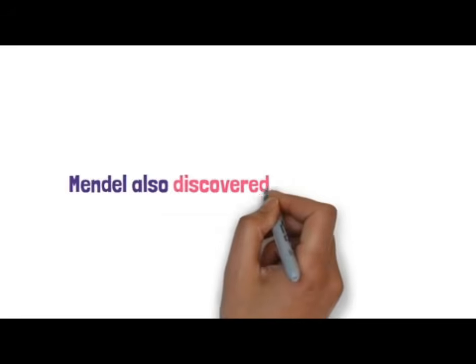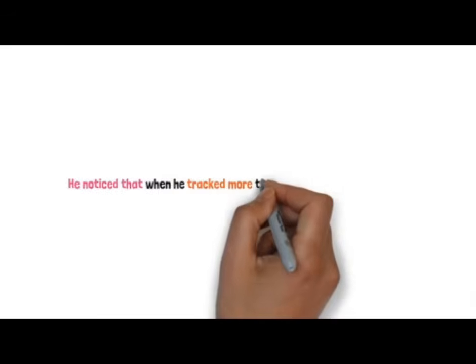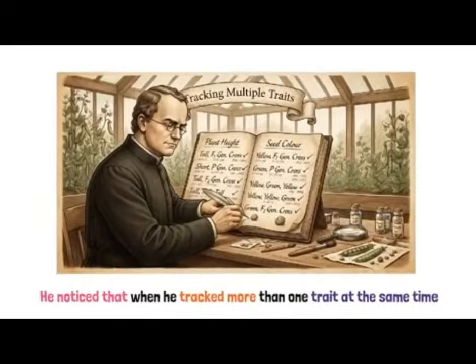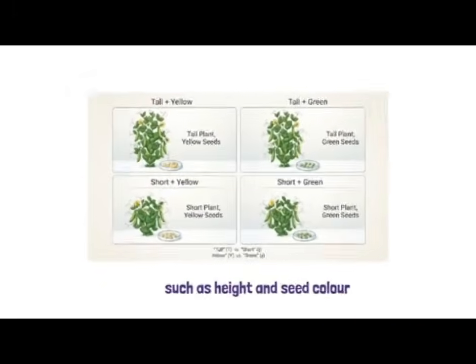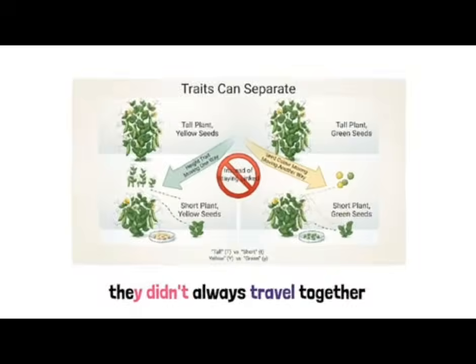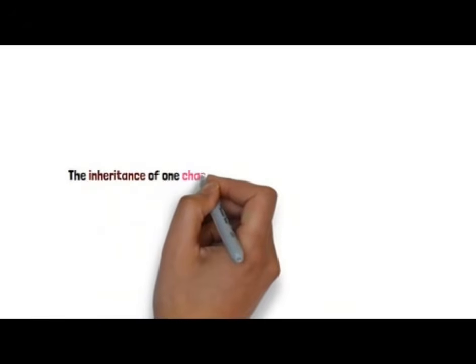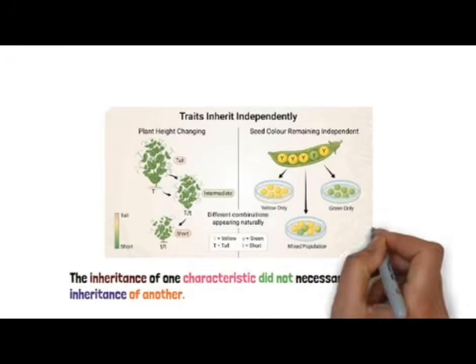Mendel also discovered something else. He noticed that when he tracked more than one trait at the same time, such as height and seed color, they didn't always travel together. The inheritance of one characteristic did not necessarily affect the inheritance of another.